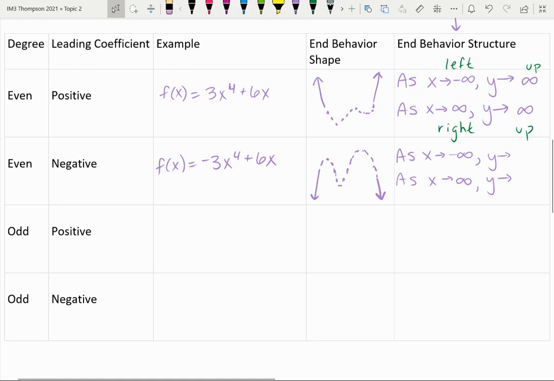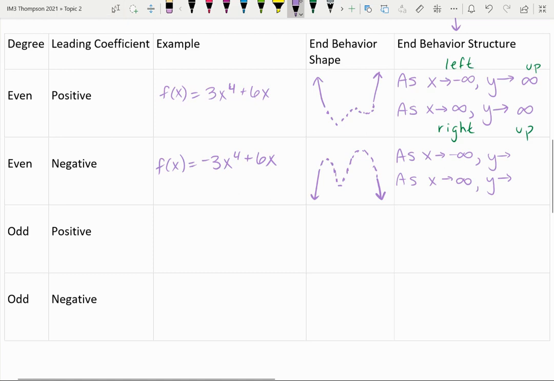It doesn't have to be a 4th degree polynomial. This could be a 6, this could be an 8, this could be a 2. As long as the largest exponent is even and it has a negative coefficient, then it's going to go down, down. So as x goes to negative infinity, so as I look to the graph to the left, what happens vertically? It goes down.